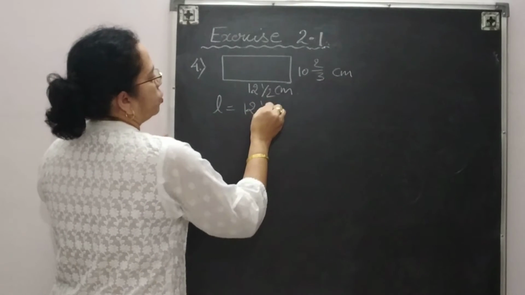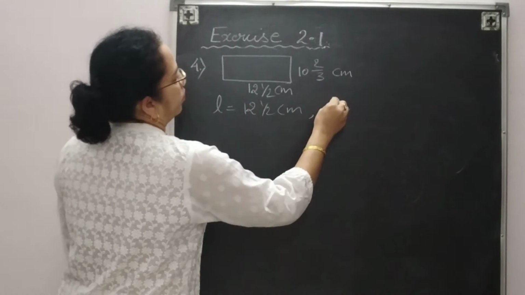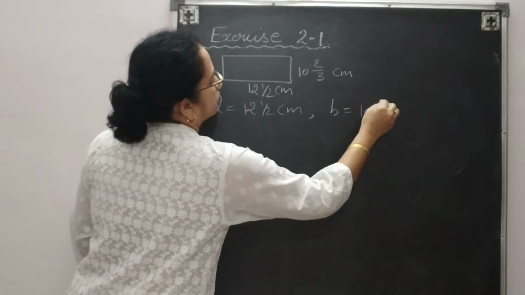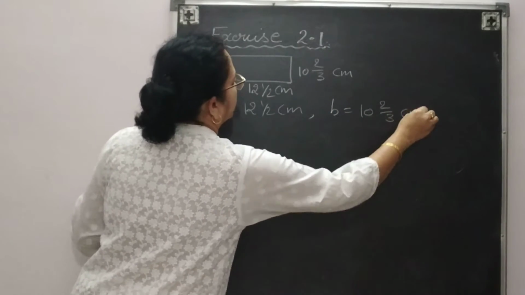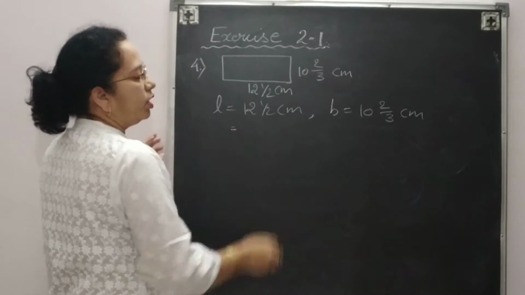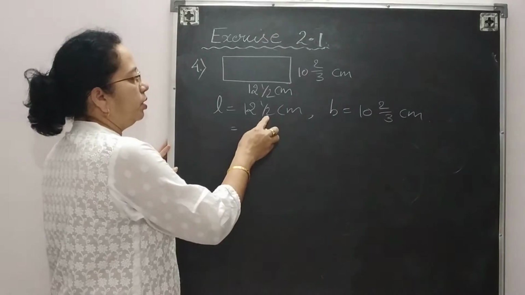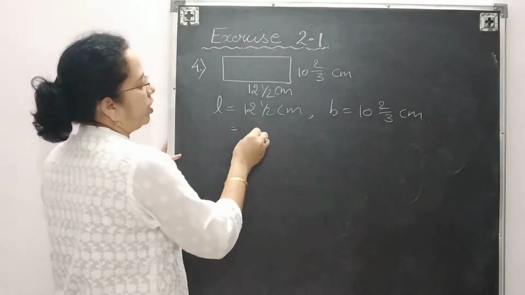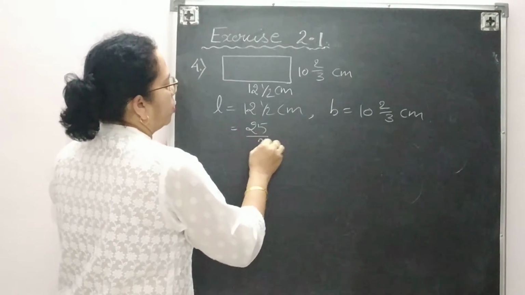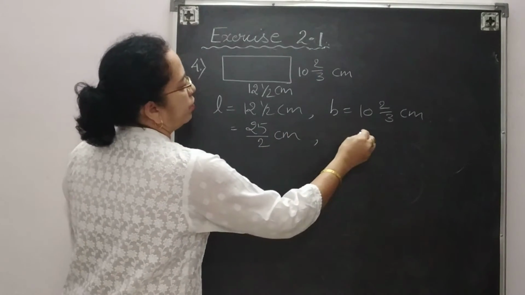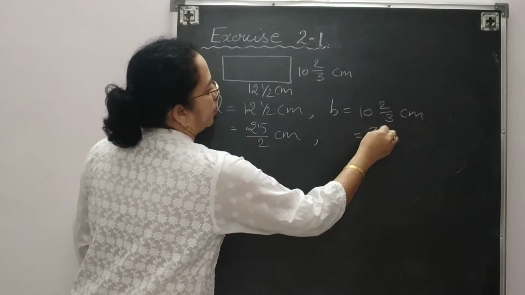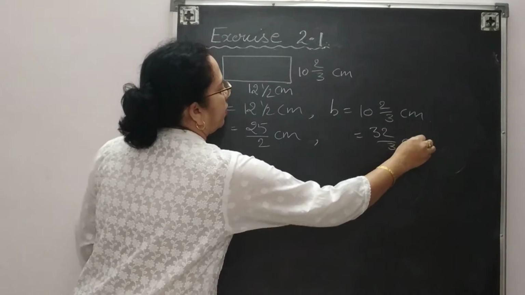Length 12 and 1 by 2 centimeter. Breadth is 10 and 2 by 3 centimeter. Can we convert this into improper fraction? 12 twos are 24 plus 1, 25 upon 2 centimeter. And this will become 10 threes are 30 plus 2, 32 upon 3 centimeter.